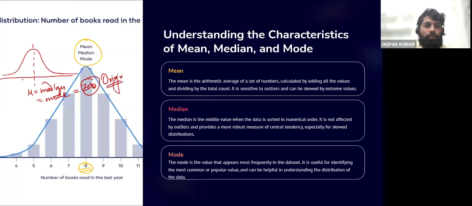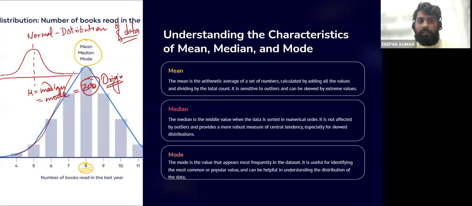Then we call such a thing a normally distributed curve, normal distribution of the data, because now we are more concerned about the data. Why normal? Because it looks like a bell curve. Can you see? If I simply draw like this, it looks like a bell curve. Although it is drawn with a peak here, so we won't consider it a perfect bell curve, but it resembles the bell curve.